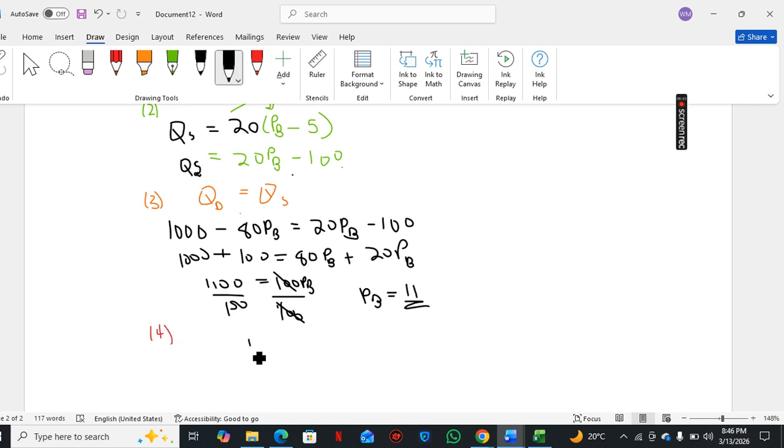PS is PB minus 5. PB is 11, so 11 minus 5 is 6 kwacha. This is how much the suppliers are receiving: PS equals 6 kwacha.